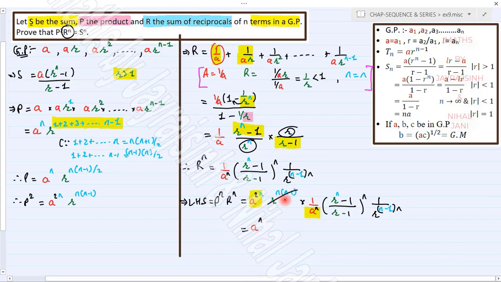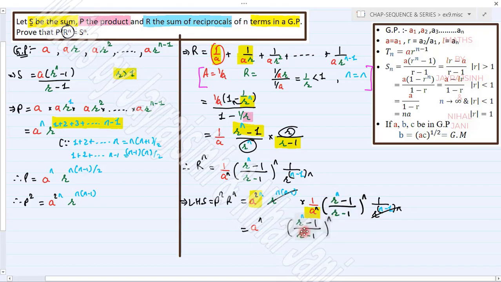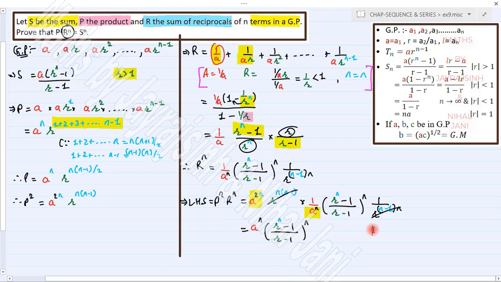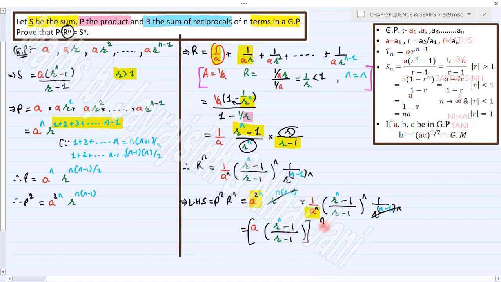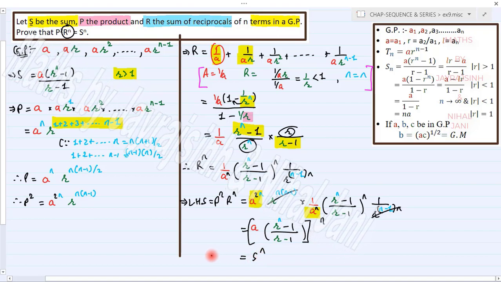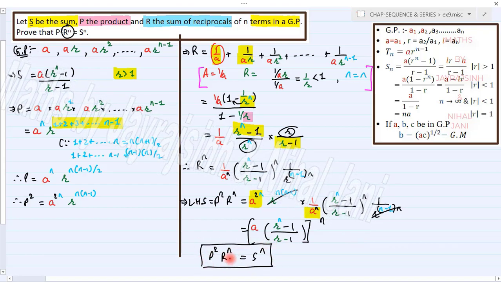Then r raised to n into n minus 1 will cancel out, and your terms will be as they are. Or we can take the power of n common, which will give us s raised to n, which is equal to p square into r raised to n. Hence proved. Ta-da!